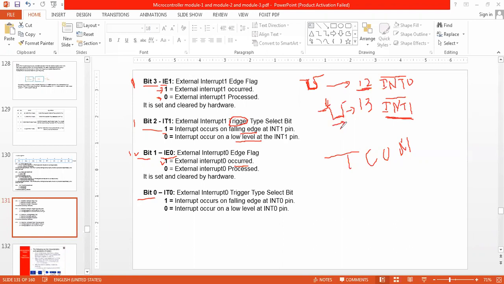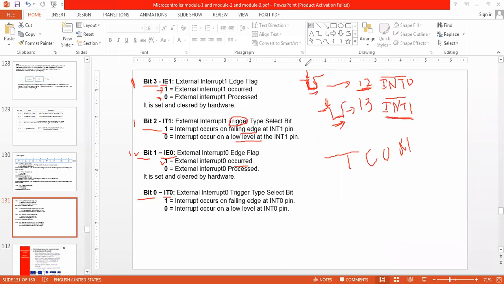This has been covered in the DSB subject: what is a falling edge, what is a level, what is the rising edge. So low level triggering. Here also the same: IT0 decides whether this pin has to be activated upon the falling edge or upon the low level on the INT0 pin.